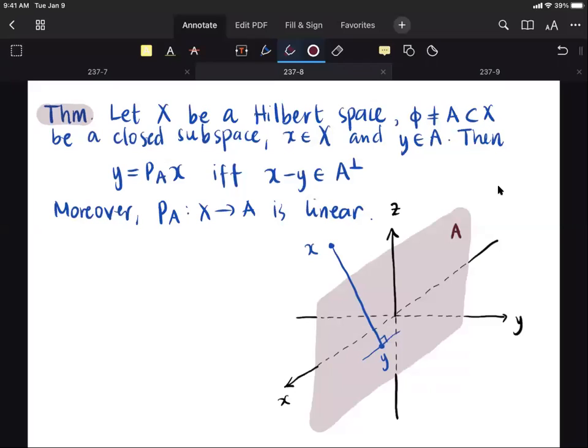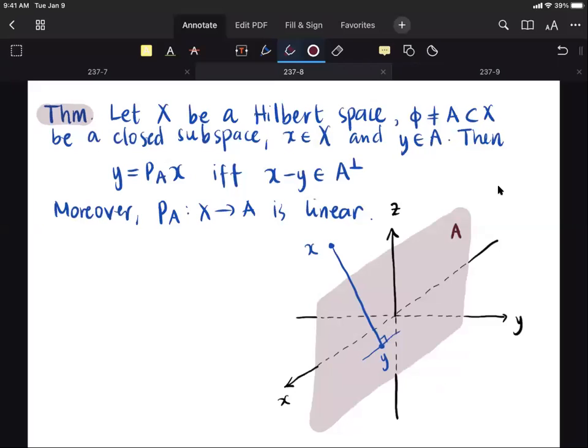So consider again a Hilbert space X and a non-empty closed subspace A of X. Of course, obviously, a subspace is a convex subset of X. Likewise, take a point x in your Hilbert space and a point y in your closed subspace A. Then the projection can be characterized as follows. y is the projection of x onto A if and only if x minus y is in the orthogonal complement of your subspace A.